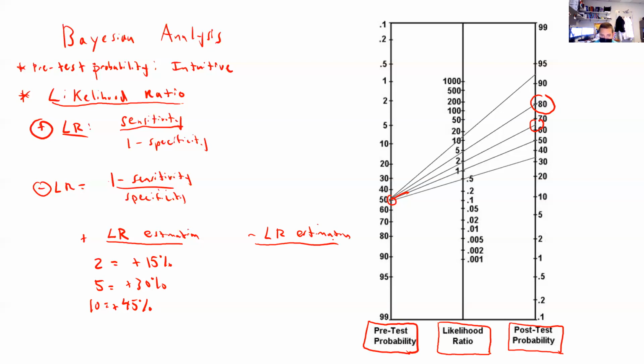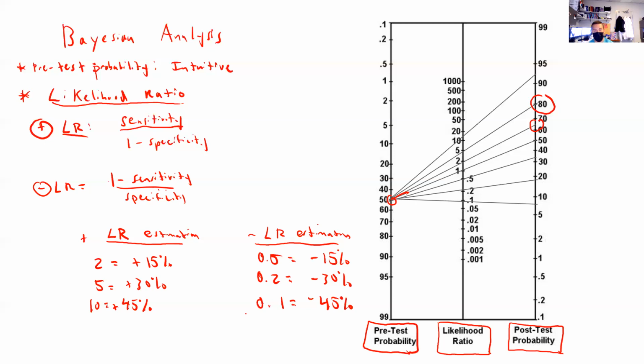So 0.5 equals negative 15%, 0.2 equals negative 30%, and 0.1 equals negative 45%. So 2 and 0.5 track, 5 and 0.2, 10 and 0.1. That's how you use these likelihood ratios to estimate your post-test probability and how your clinical suspicion changed, whether that finding was positive or negative.